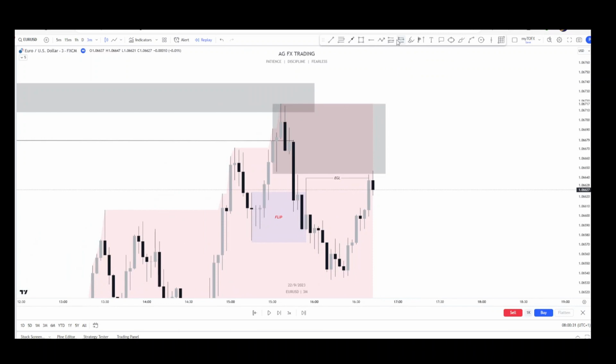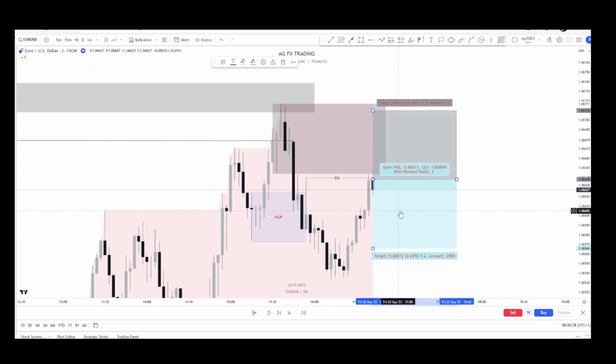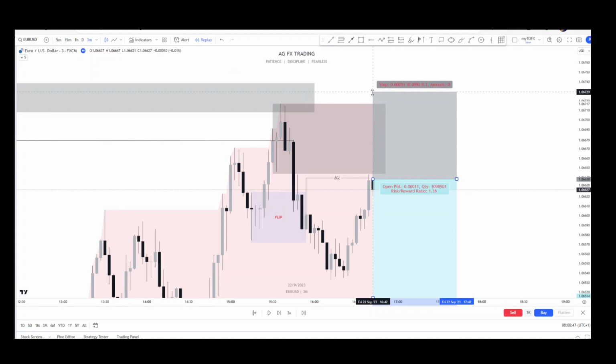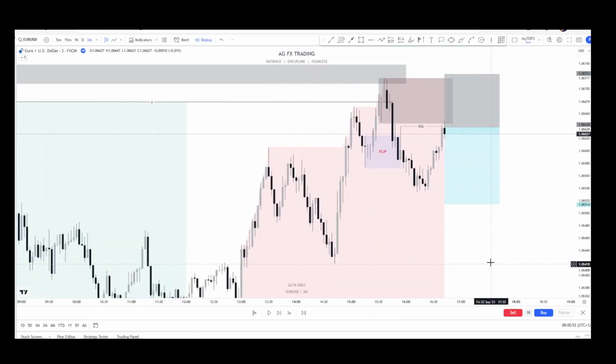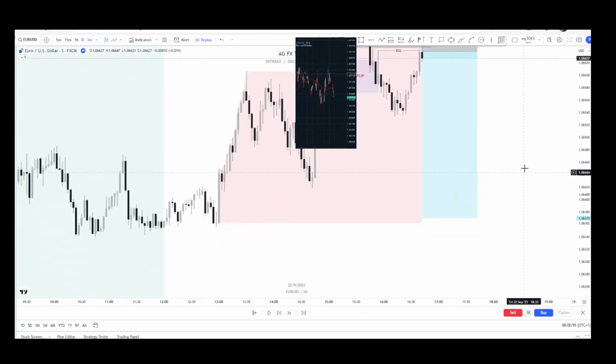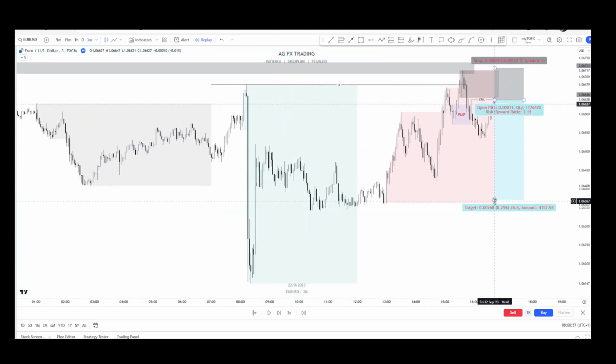So I decided to take a risk on this one and put my entry around this level. For those of you who like to see evidence, my stop loss was like 8.5 pips. I made sure I covered this high. You can see the screenshot of the trade somewhere there, and I was targeting this low here.